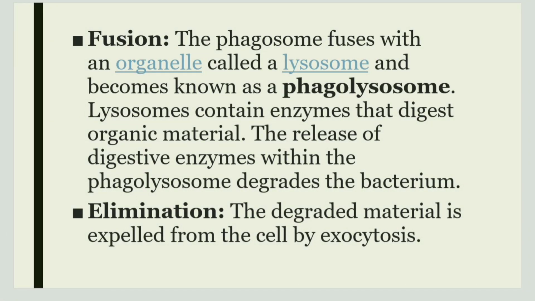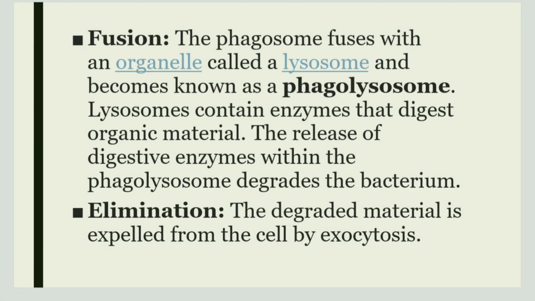As we know, inside the lysosome there are many digestive enzymes, and these digestive enzymes degrade the bacterium. So, in the fusion step, the phagosome gets fused with the lysosome and forms a phagolysosome. These lysosomes have digestive enzymes inside, and these degrade the bacterium.